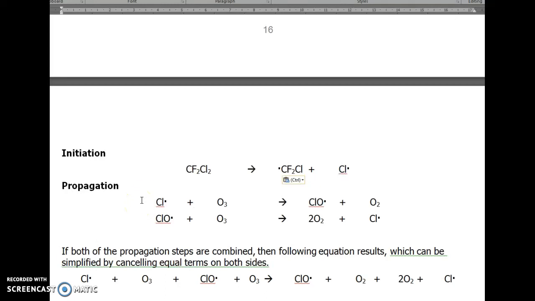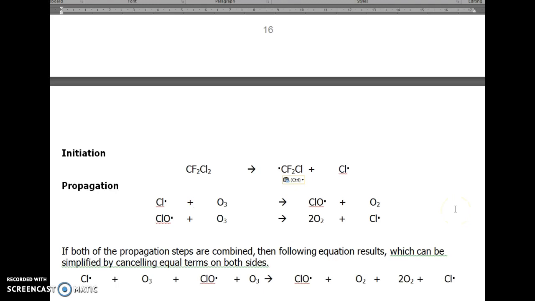There are two propagation steps. So the chlorine radical now goes to react with the ozone molecule, and this takes an oxygen atom away and leaves us with a molecule of oxygen. The chlorine-oxygen radical can also react with another molecule of ozone to form two oxygen molecules and a chlorine radical.